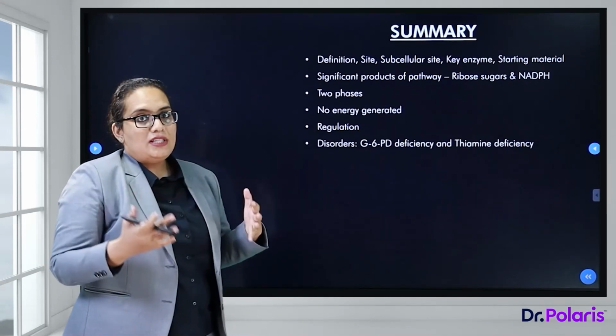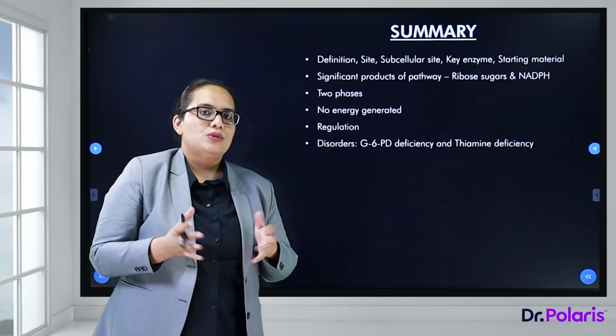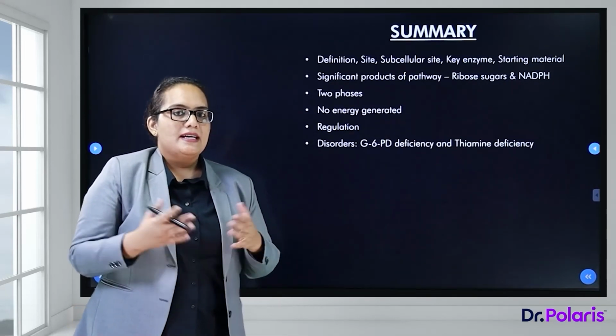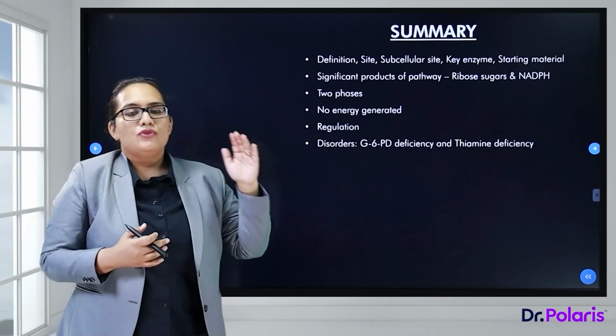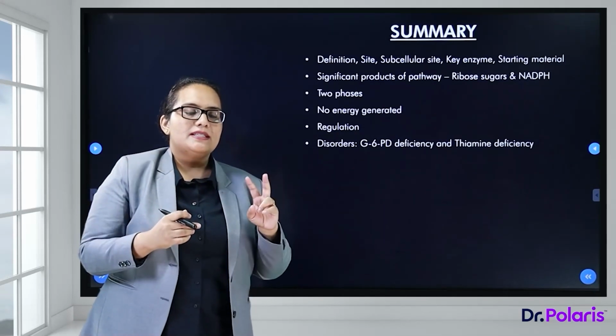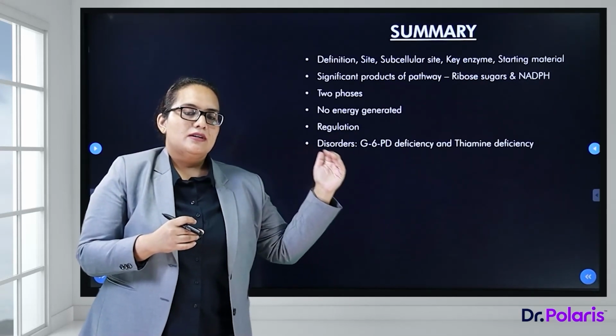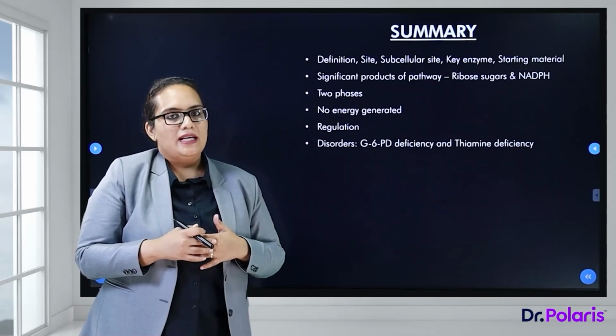Yes, there's no energy generated, unlike the other oxidative pathways of glucose such as glycolysis as well as the citric acid cycle. And regulation is at the level of the two phases. At the oxidative phase, two main enzymes are regulated, glucose 6-phosphate dehydrogenase and 6-phosphogluconate dehydrogenase.